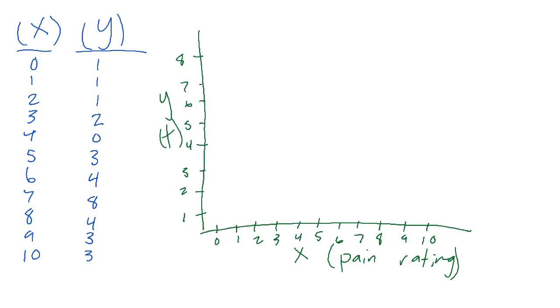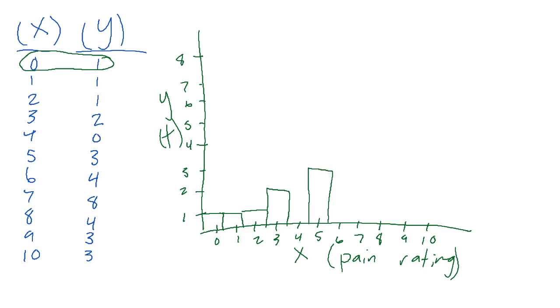For zeros, we had 1 person report a 0, 1 person report a 1, 1 person report a 2, 2 people report 3s. I hope you see what I'm doing here. I'm taking each of these as a set, almost like coordinates, right? For zeros, we go to 0 on X and up to 1 on Y, and we're doing that all the way down. For 4s, we didn't have any. For 5s, there were 3 reported scores.